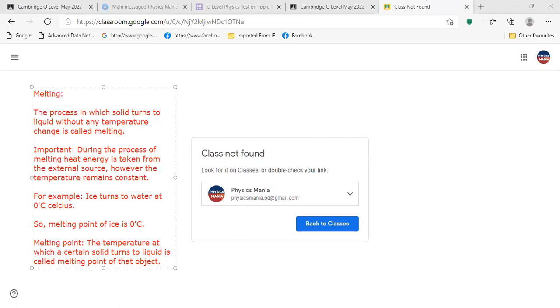So we say here, plural: melting points of different solids are different.